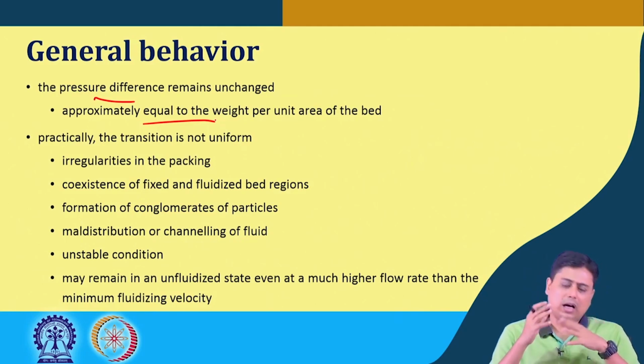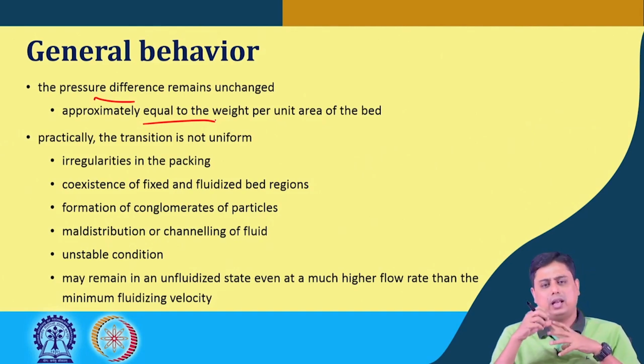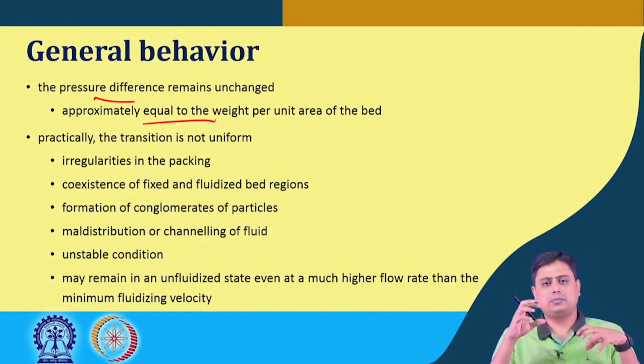And this condition of the bed becomes unstable, because you can understand now there are a few chunks here and there inside the bed. Okay, there is maldistribution of the fluid that is flowing. So some portion of the fluid is suspending some particles, and in some portion some particles are not suspended.